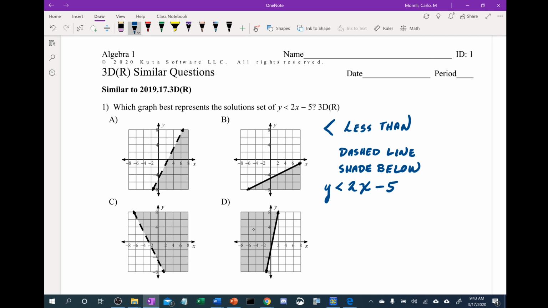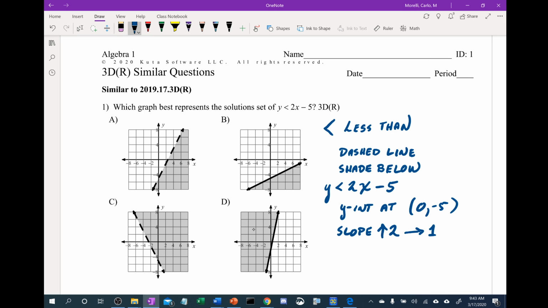Okay, so we have a y-intercept at 0, negative 5. And we have a slope which tells us to go up 2 over 1. Okay, so rise 2, run 1. It's a positive slope, so that means it slopes upward from left to right.